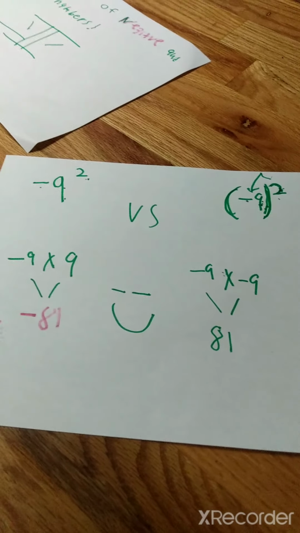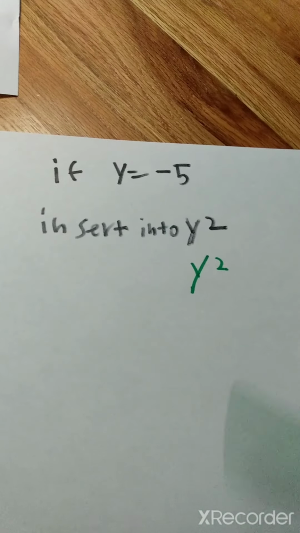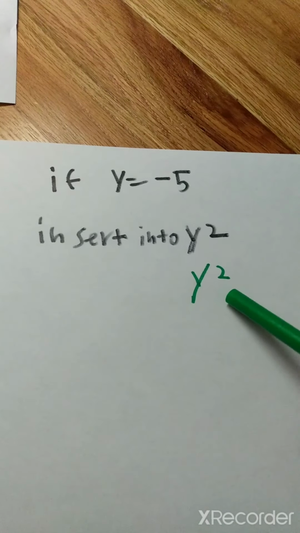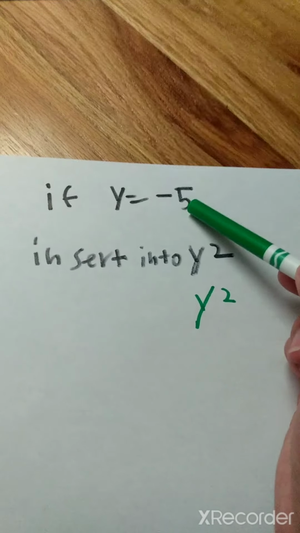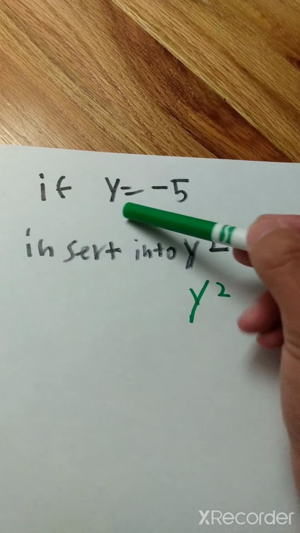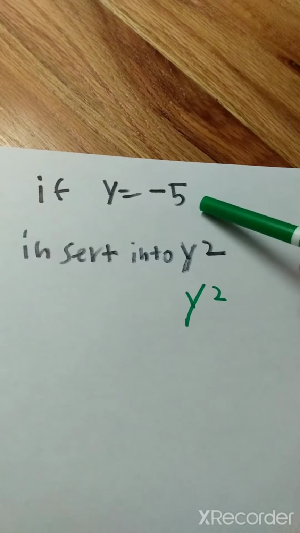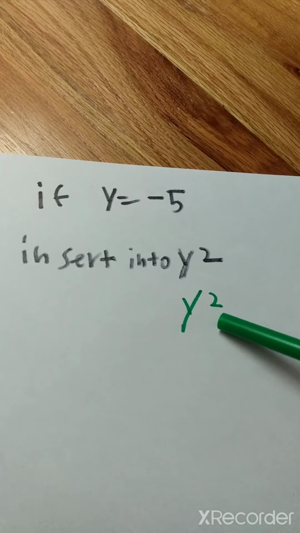But what happens if we have an equation right here, and the problem is telling us that y is negative 5? Now we have to insert that into y squared.